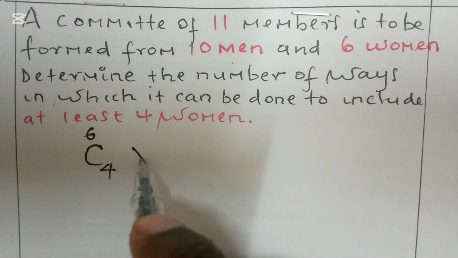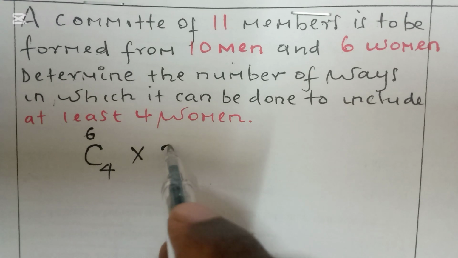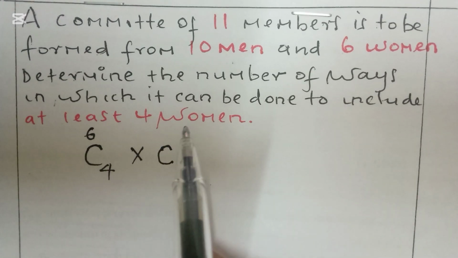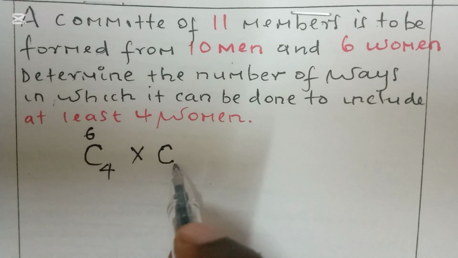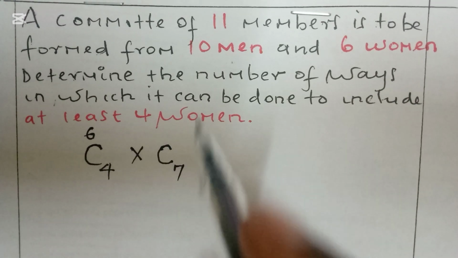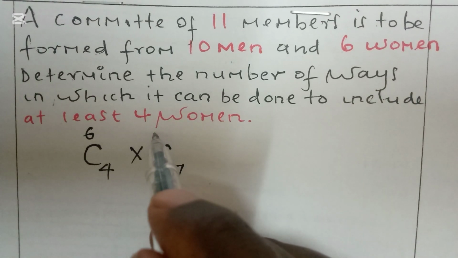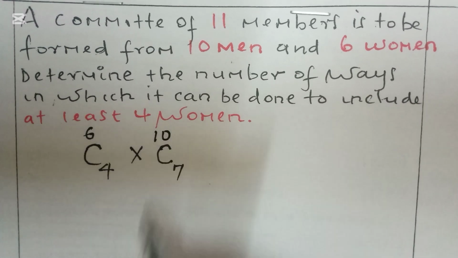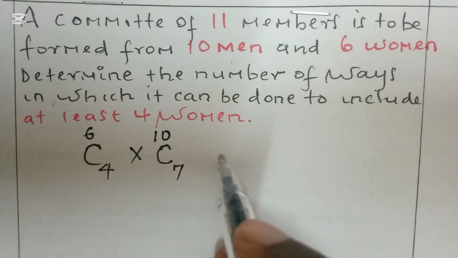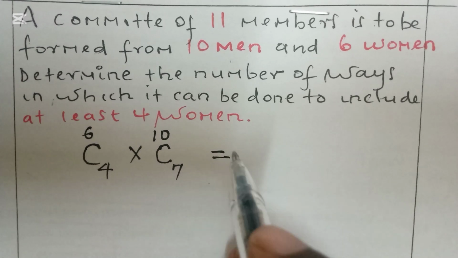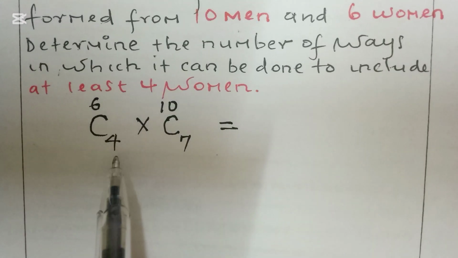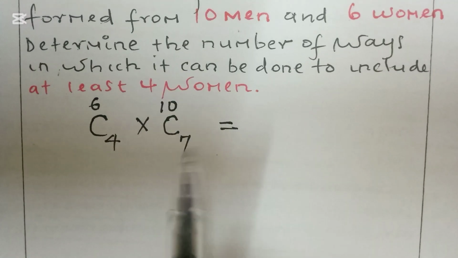Now times, guys, the remaining members, because the committee is for 11, are 7 members. So I will write 10 combination 7. So this committee consists of 4 women and 7 men.